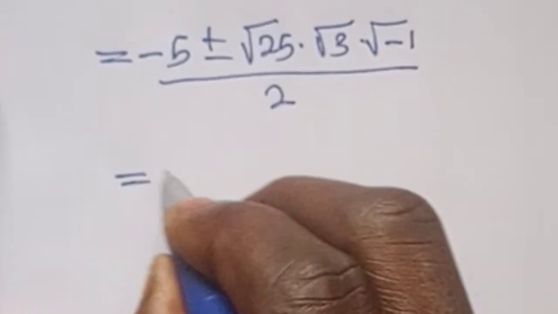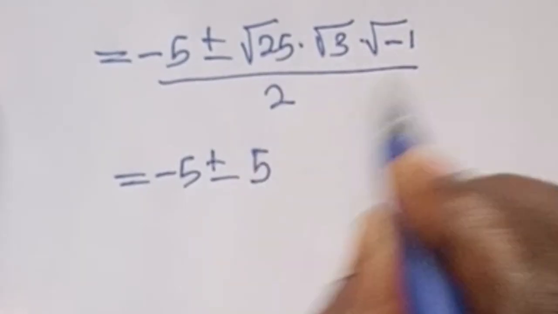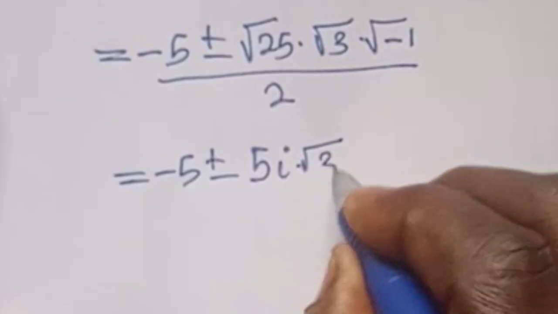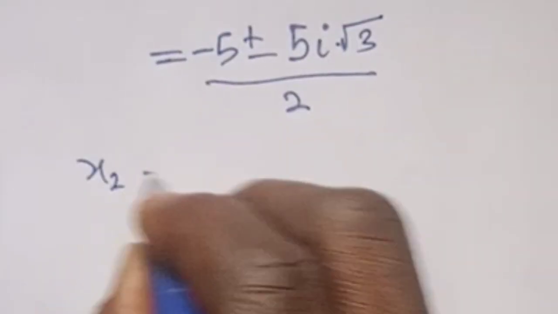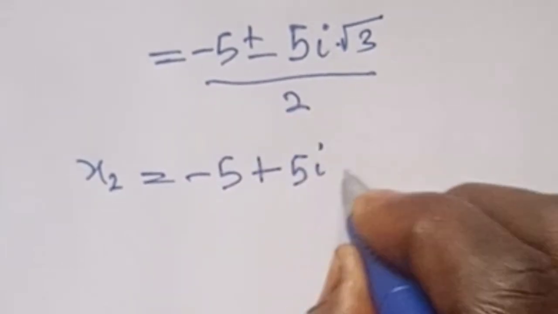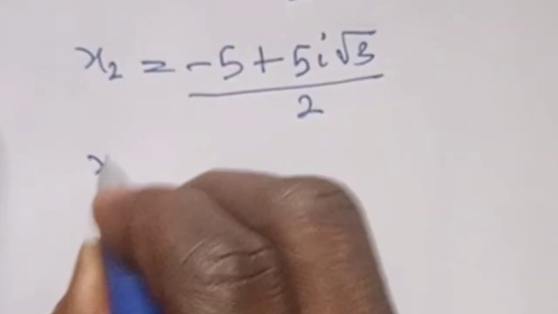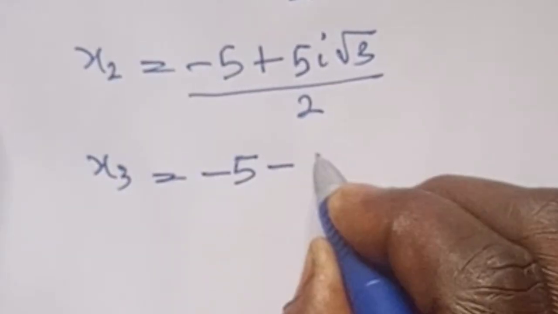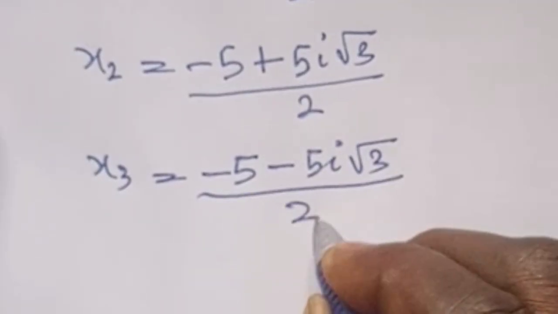So here, it becomes minus 5 plus or minus, square root of 25 is 5, and square root of minus 1 is i, times square root of 3 over 2, so that x2 becomes minus 5 plus 5i square root of 3 over 2, and x3 will equal minus 5 minus 5i square root of 3, also over 2.